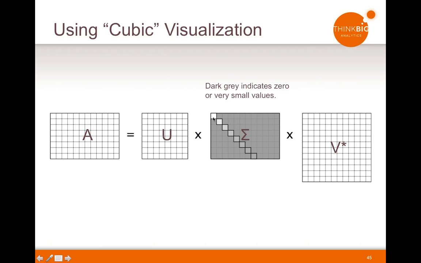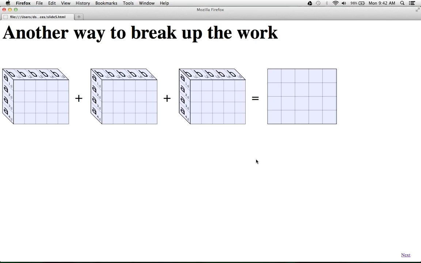And it has diagonal values which decrease over time. So this is the largest value, this is the second largest value, this is the third largest value, and they get smaller and smaller as you go down the line. I apologize for the lack of pretty colors, but it'll get a little more colorful in a second.